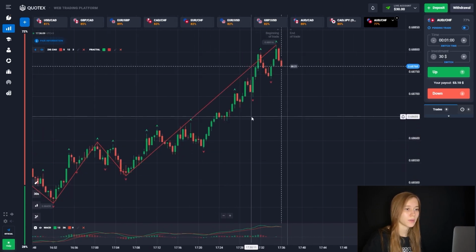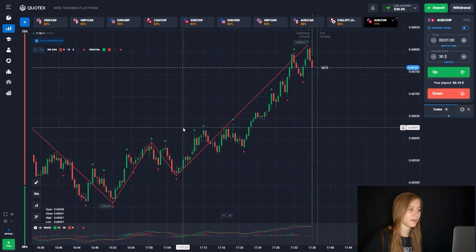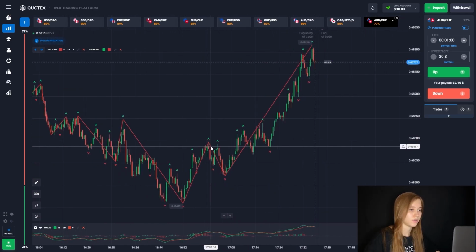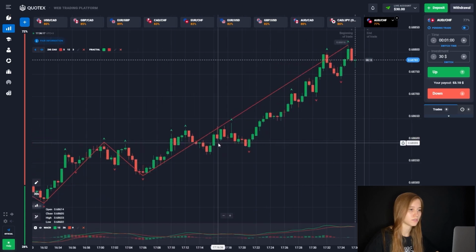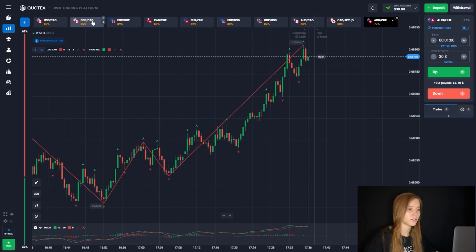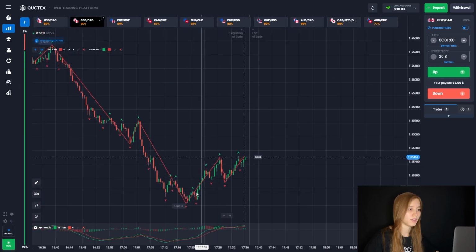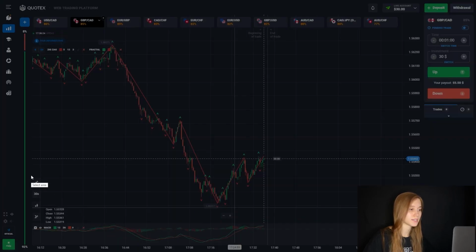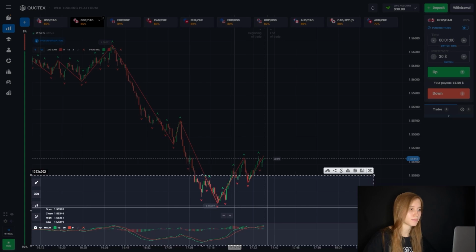First of all, we will be guided by the direction of the trend. Also, our signal will be the intersection of our moving lines in these areas.